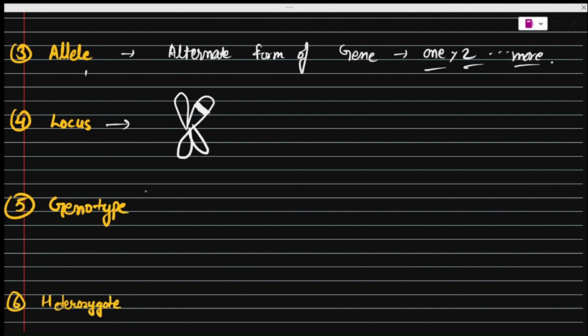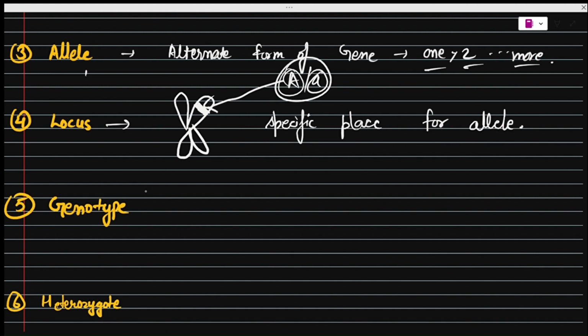See this allele, A and A. Whatever variant will be there, it will be found on this particular locus. So it is a specific place for an allele.